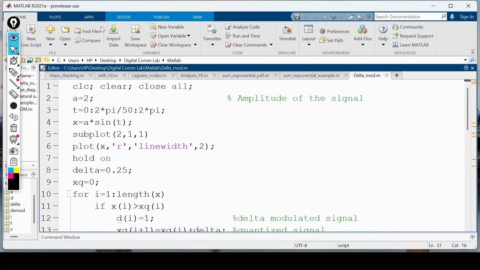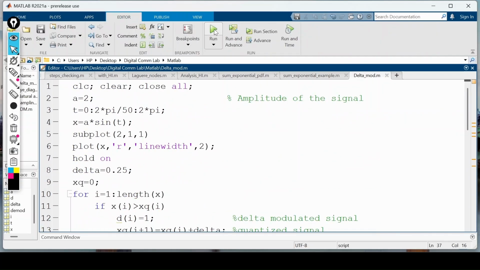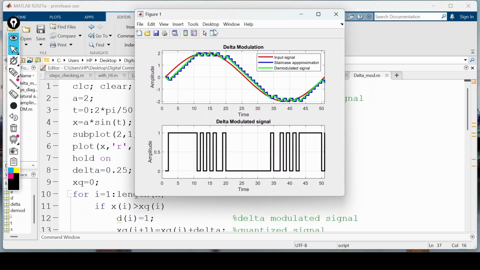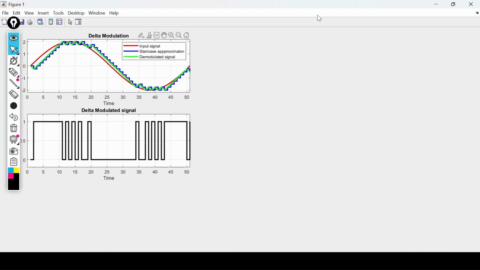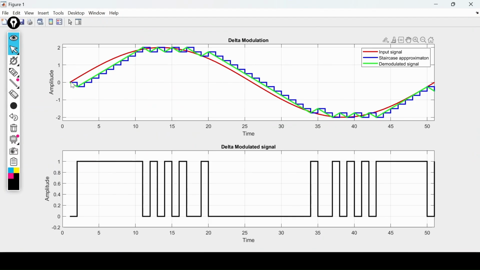So let's run this program and see what the result is. You can see the red one is representing your original signal, or you can say the input signal, and this green part is the demodulated one.